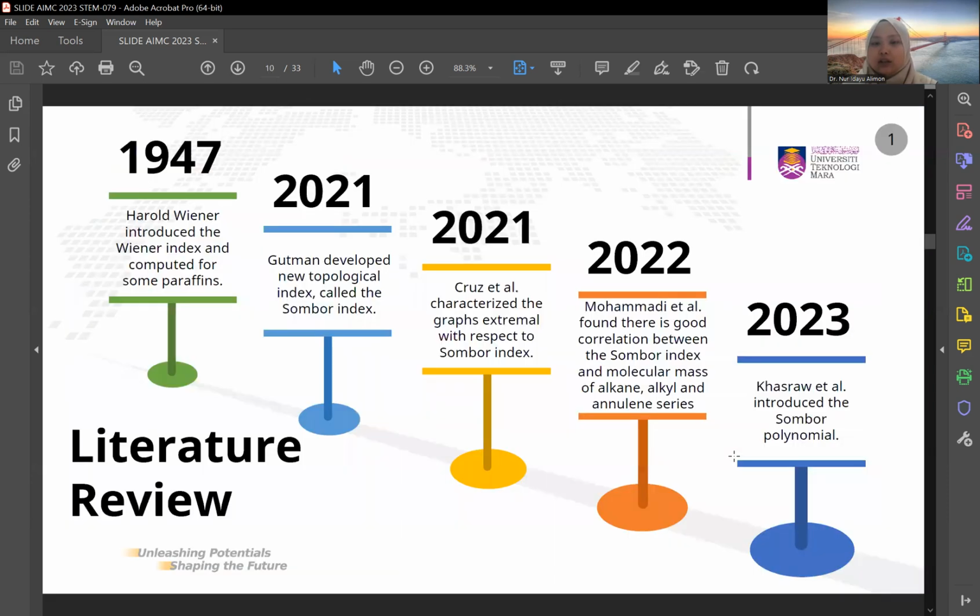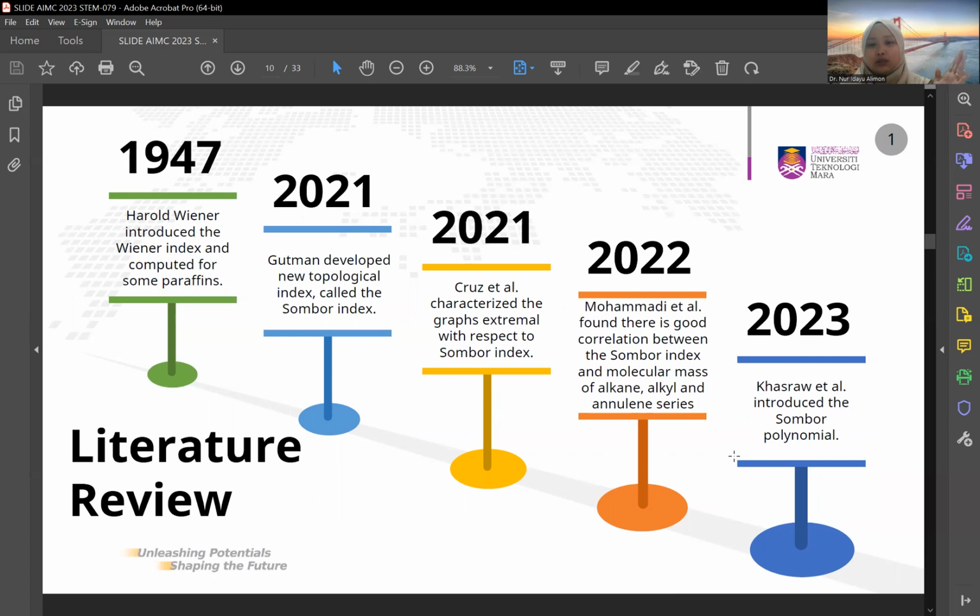Let's take a look at the literature review. In 1947, Harold Wiener introduced the Wiener index and computed it for subgraphs. Actually, he introduced the Wiener index and then used it to compute or predict the boiling points of some paraffin. Between 1947 and 2021, many topological indices were introduced. But recently, in 2021, Gutman developed a new topological index called the Sombor index.